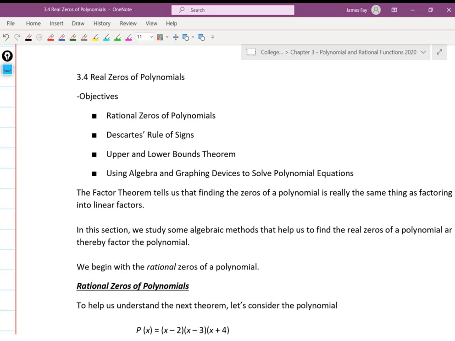But it also might identify things that are not rational zeros, and that's the conundrum we come across: we might end up with a list of 40 things that could be zeros, and only 3 of them actually be zeros. Okay, so what we find out then is a guy named Rene Descartes.